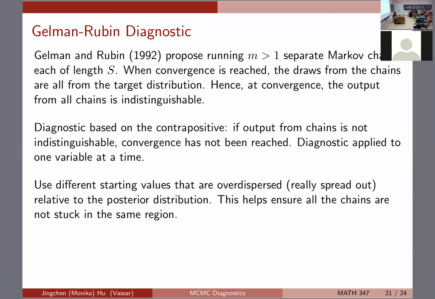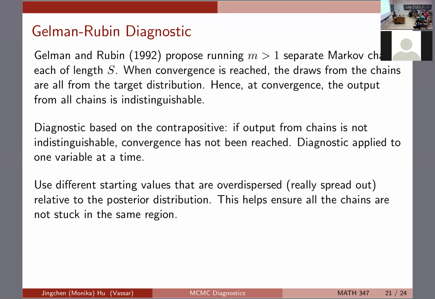You have read this paper, you realize that back then, or even now, some people try to stick to the idea that I'm not running a super long chain, I'm running multiple chains and only saving the last draw from each in order to get independent draws. So how will we be able to test if they're still mixing well? I'm generating m different chains and I'm saving the last one. How am I able to make sure that this is working well?